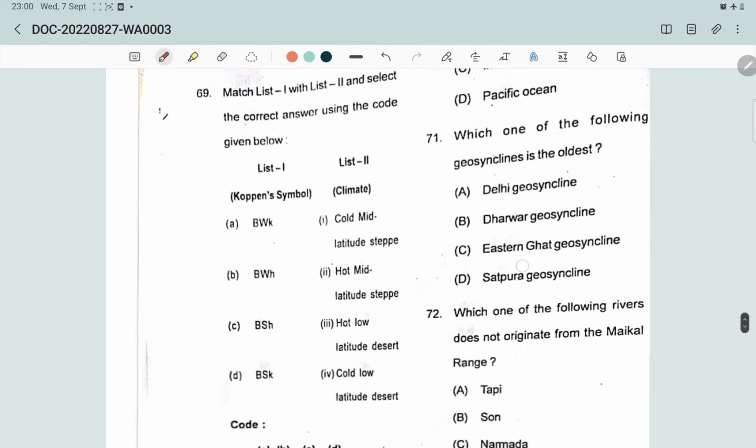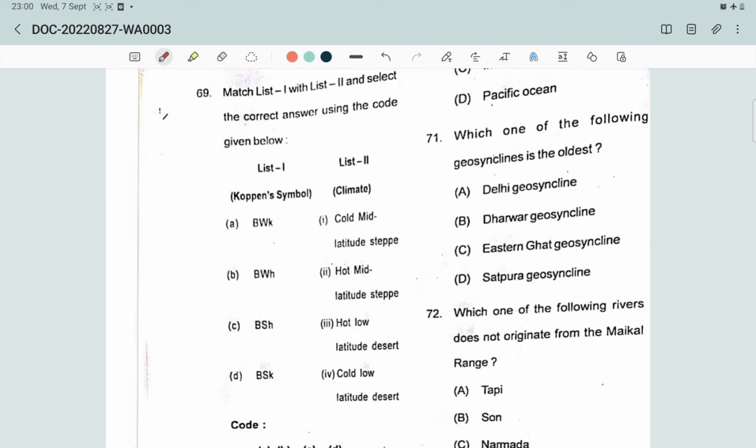And question number 69, match list 1 with list 2 and select the correct answer using the code given below. In list 1 there are some Köppen symbols, and in list 2 there are some climates. What is the Köppen symbol? It is the Köppen climate classification system.